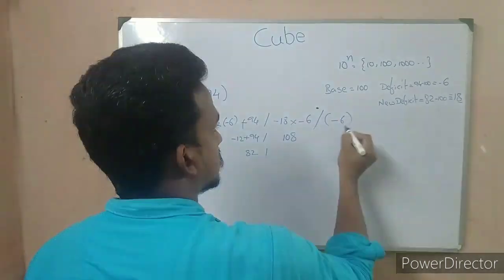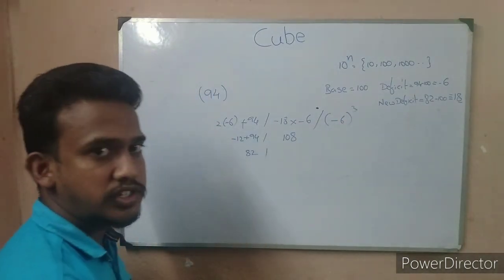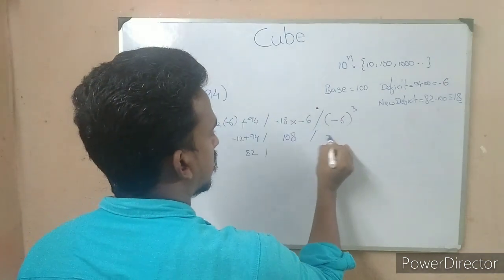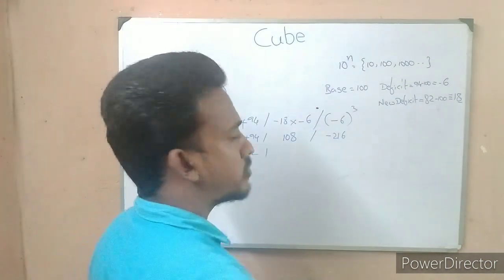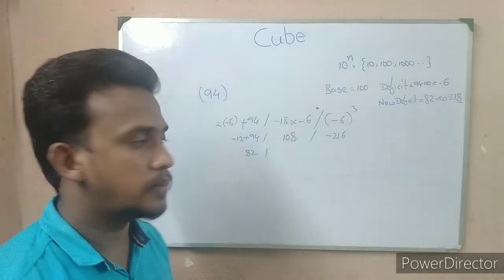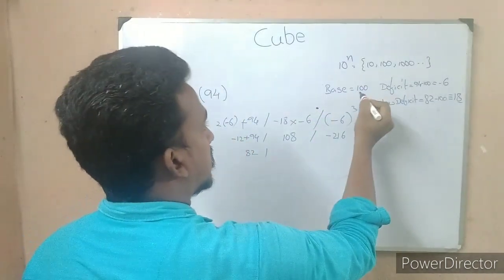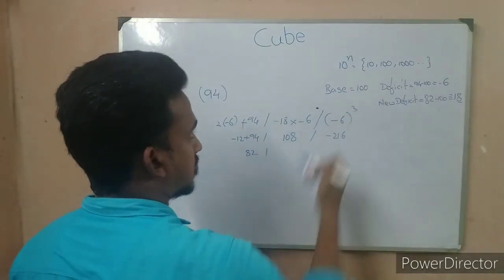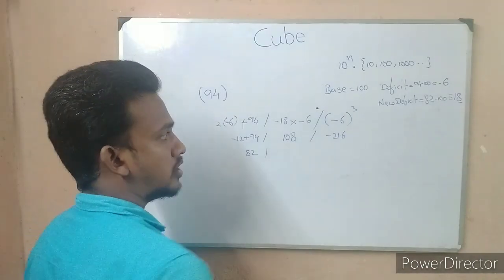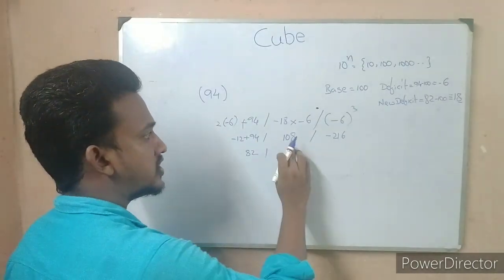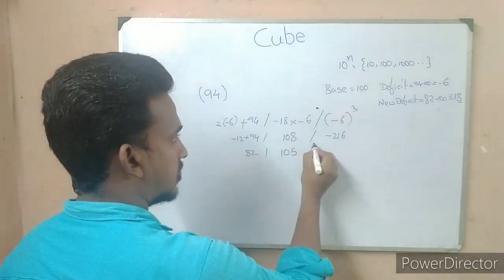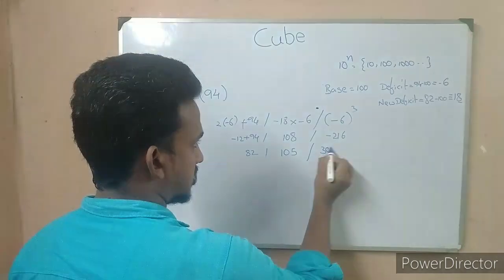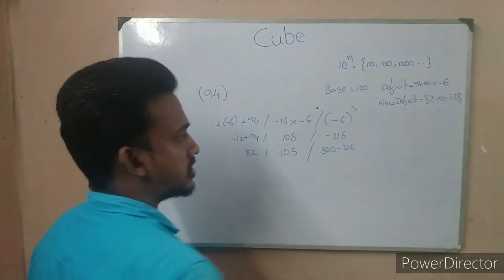The cube of the initial deficit becomes minus 216. We have to eliminate this minus value. Since every one is equal to 100, we take 3 from the 108 part, so we have 105, and 3 becomes 300 minus 216, which is 84.